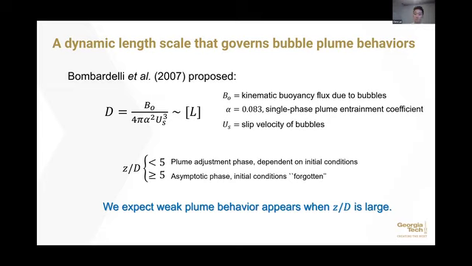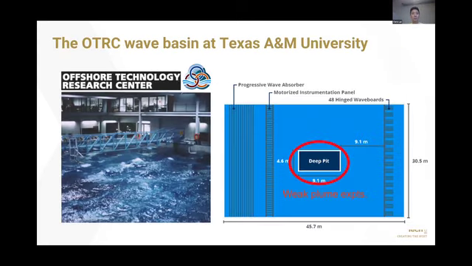Okay. So to test this hypothesis, we turn to our wave basin at Texas A&M, and this picture shows you that. On the left-hand side is an overview where we have this wave basin, and our experiment is actually done inside this dip pit, circled in red on the right-hand figure.